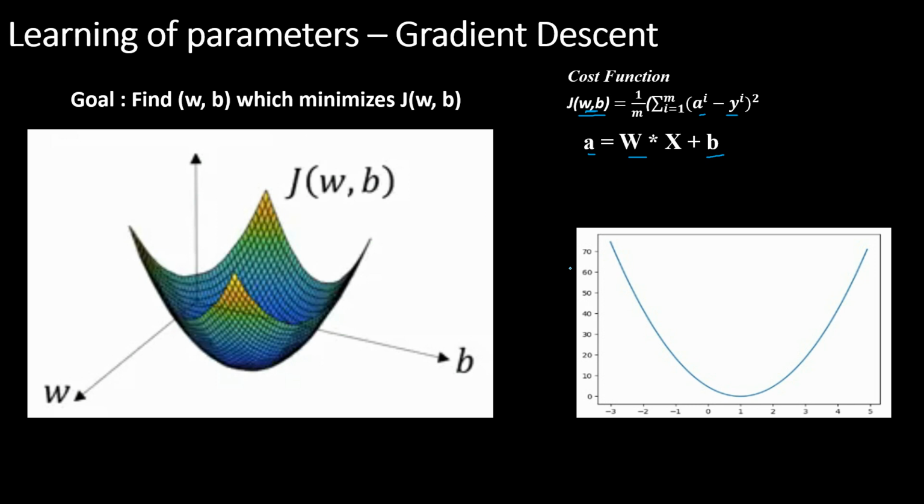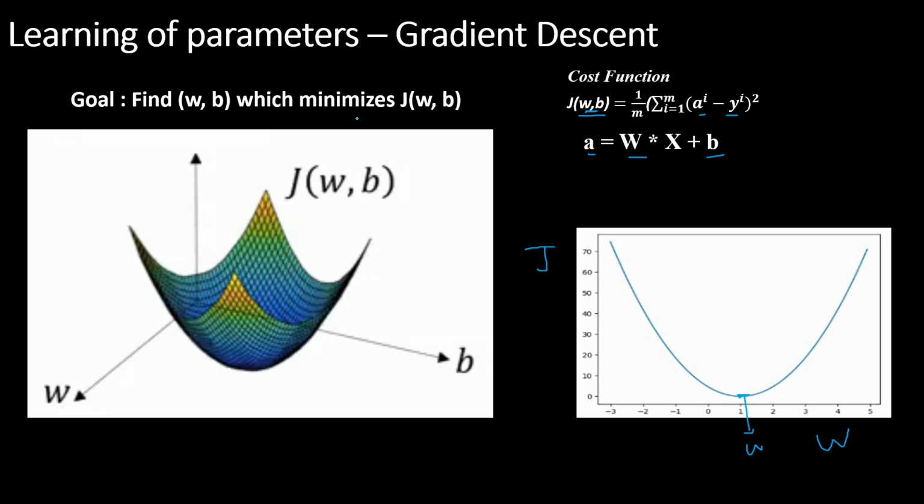This is the plot of the cost function J with respect to w. Anywhere we are, our goal is to reach the value where the error is minimum, where we get the best values of our parameters w and b. That's the goal of gradient descent.